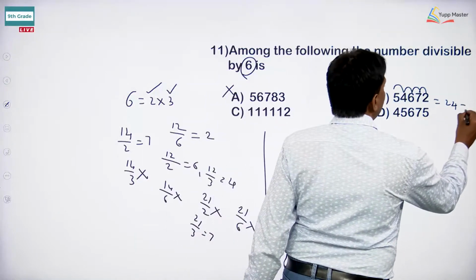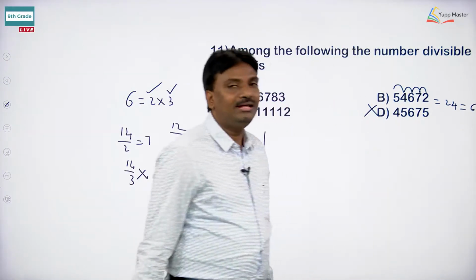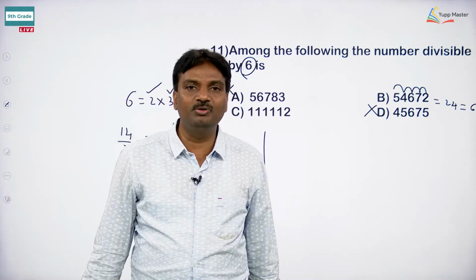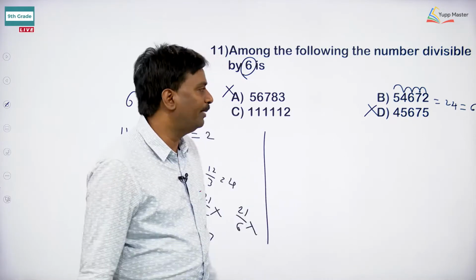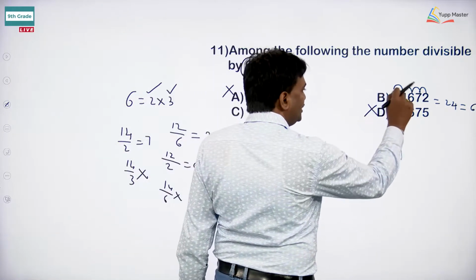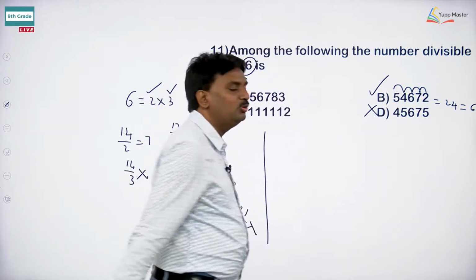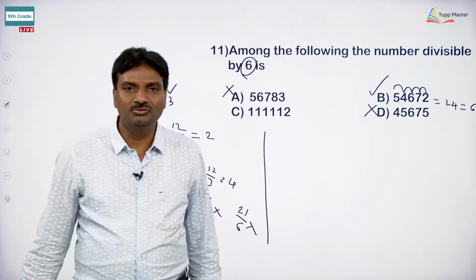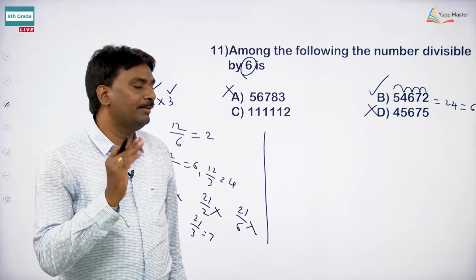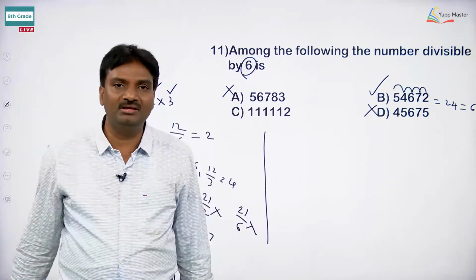Again by adding these two digits, 6. Clearly we can say 6 is divisible by 3. So the number in option B is divisible by both 2 and 3. So that's why we can take option B as the correct option for the given problem.